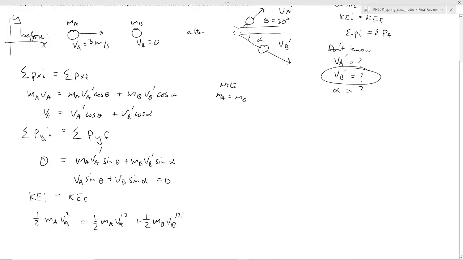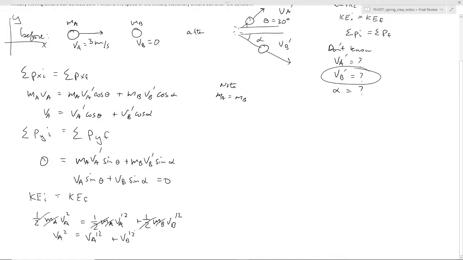VB not contributing to the initial kinetic energy because it has no initial velocity. Now, if we make use of the fact that the mass is the same for both, we can cancel a bunch of this. And so we have VA squared equaling VA prime squared plus VB prime squared.